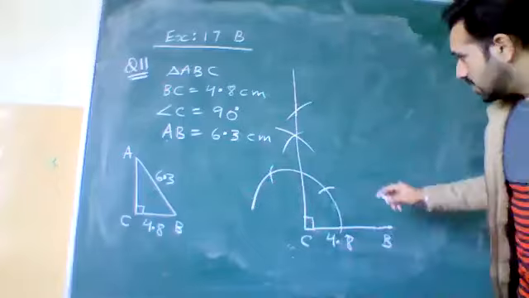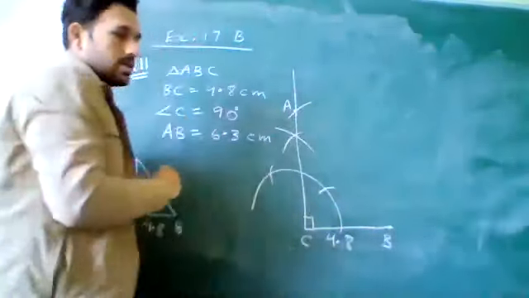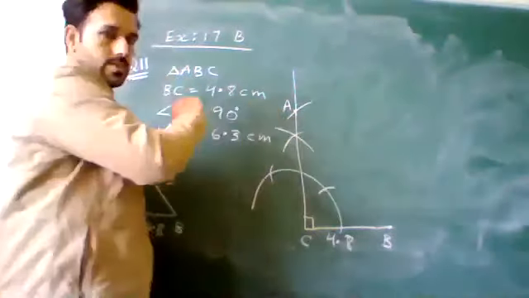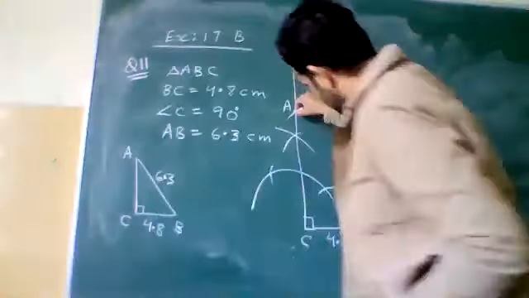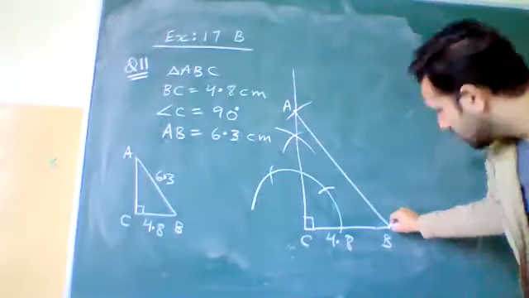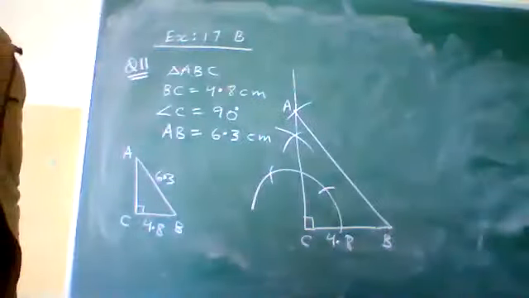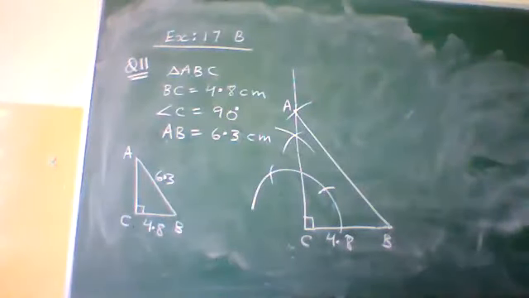This point will be point A. Now you join it. Finally, you have to join it. This completes your triangle ABC. Clear? Do it. Make it.